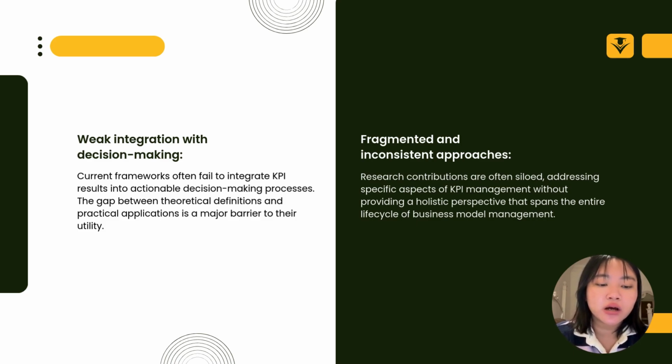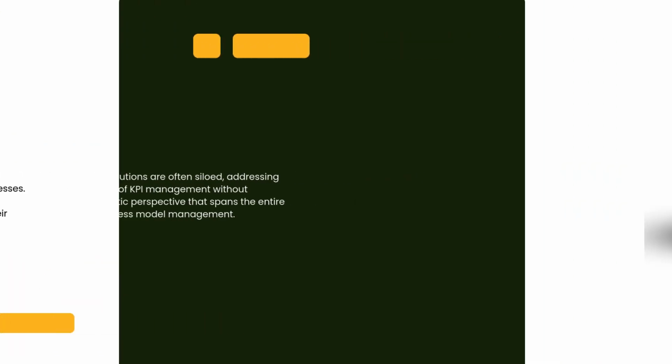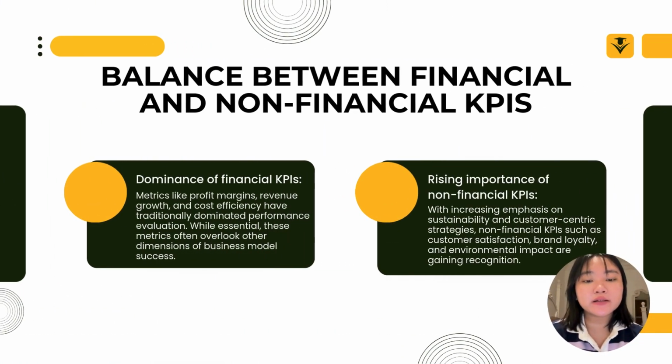So research contributions are often siloed, addressing specific aspects of KPI management without providing a holistic perspective that spans the entire life cycle of business model management. And the second one is balance between financial and non-financial KPIs. So dominance of financial KPIs. Metrics like profit margins, revenue growth, and cost efficiency have traditionally dominated performance evaluation.